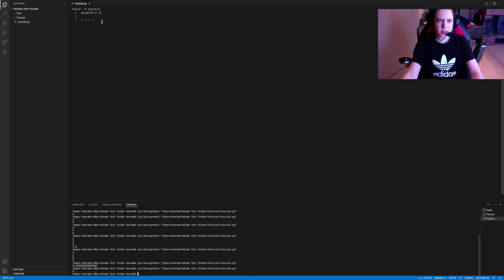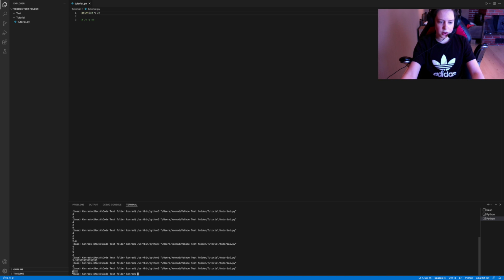Now, this means that there is some remainder that's not accounted for. So in this case, the remainder is 1, and the way to find the remainder is to use the percentage sign. So as you can see in here, this gives you the remainder of the floor division, which is 1. Because when you floor divide something, there's a remainder, and in this case the remainder is 1.